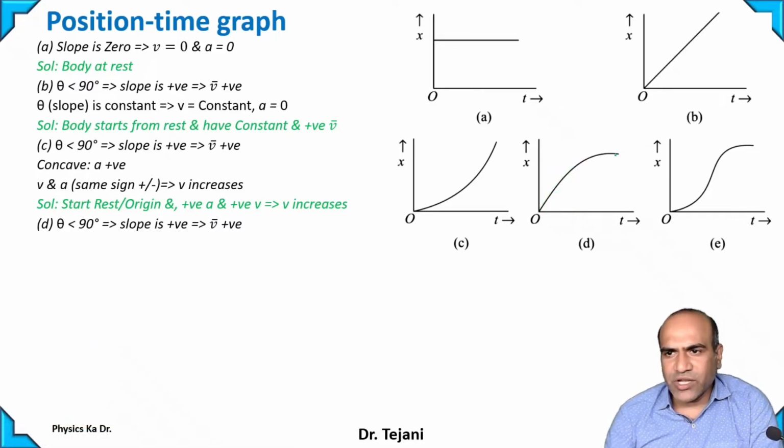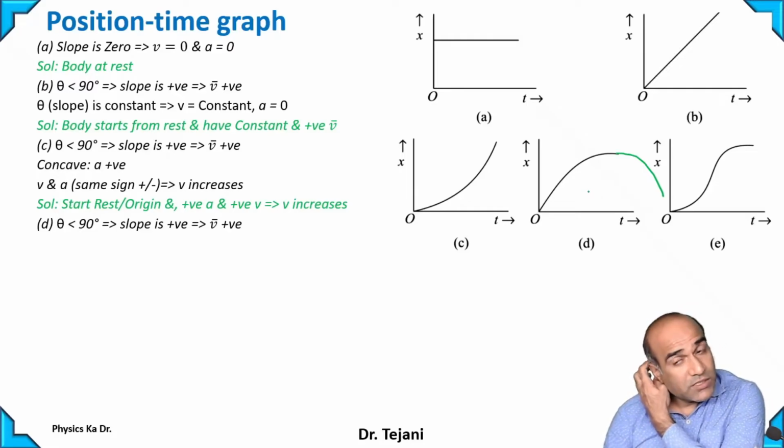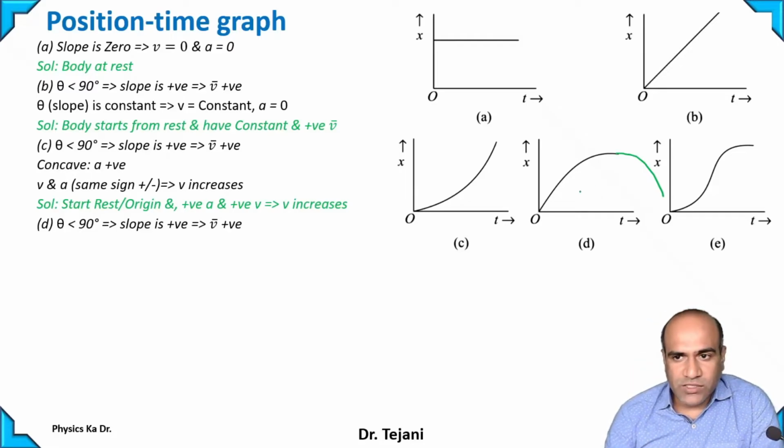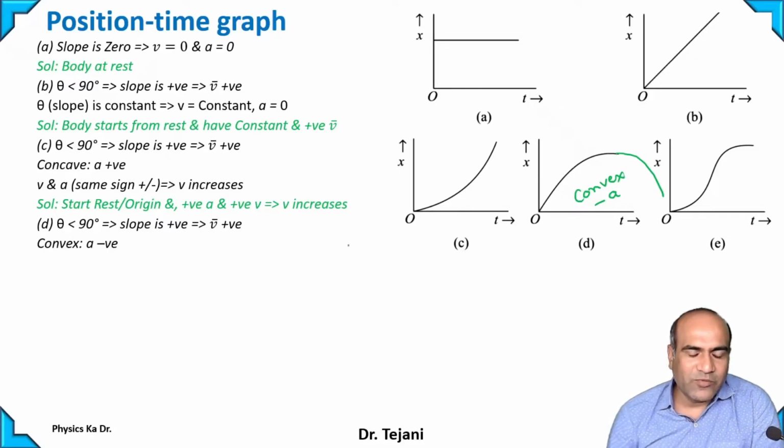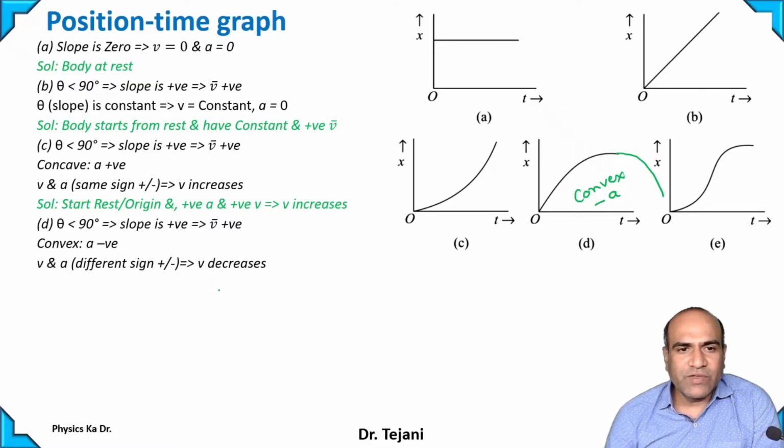Good. Then what is the second check? The second check is the shape. Is it convex? Yes, it is convex. If the shape is convex, what should the acceleration be? Acceleration should be negative. So here we have velocity positive and acceleration negative.